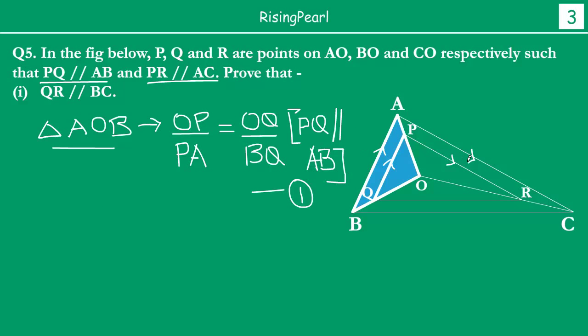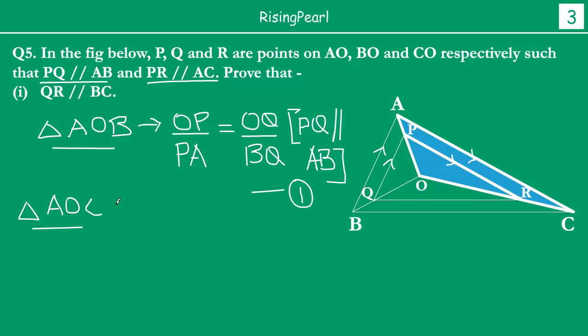Now, similarly, we have been given PR is parallel to AC. So as you can absolutely imagine, we are going to shift our focus now to this triangle highlighted in blue. That is the triangle, let's write it here, triangle AOC.